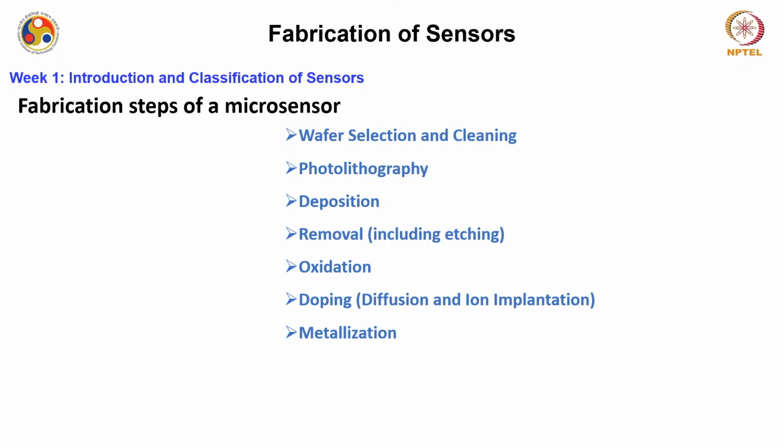All these sensors require metallization for making contacts as well as for interconnect purposes. So we saw metallization, and I talked a little about die preparation, packaging, and their electrical and mechanical testing. All of these were elaborated briefly.